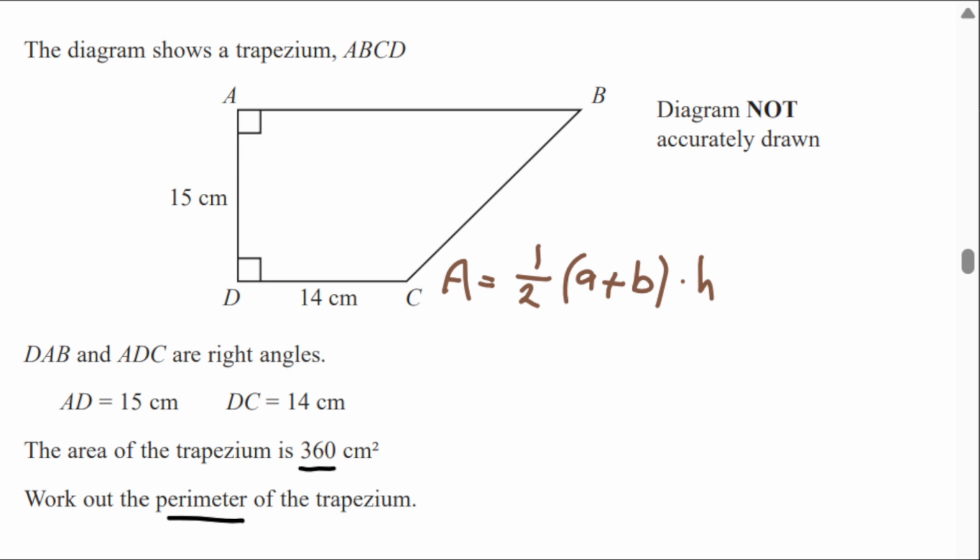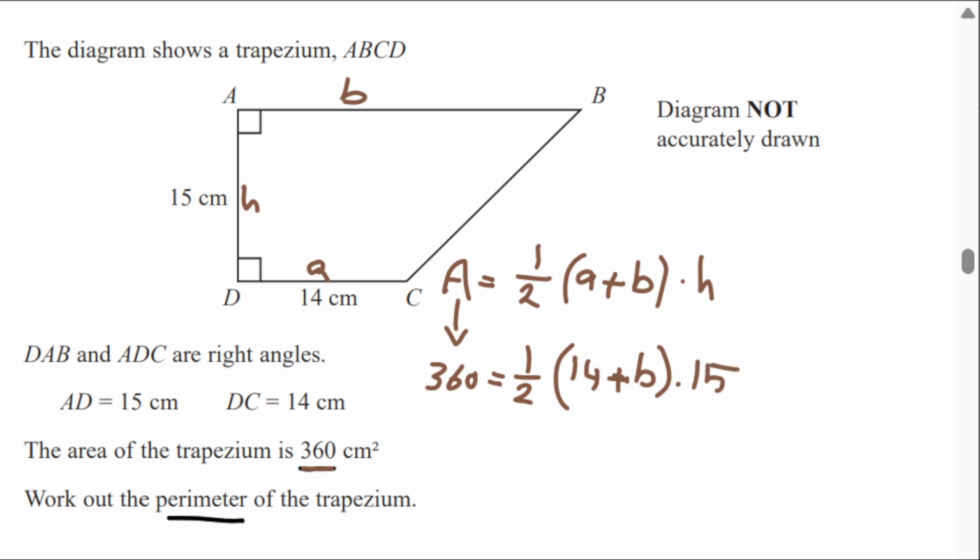Now let's say this is A, and this is definitely the height, and let's call this B. So we are now trying to find B. So the area, we have it here, 360 is equal to half times A, we know what's A, it's 14, plus B, we don't know B, times the height, which is 15. That's very good.